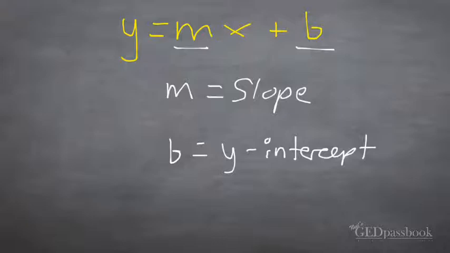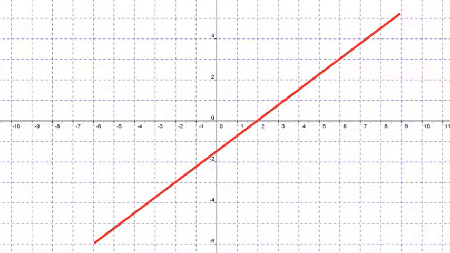What is the slope, you ask? Quite simple, really. So m equals slope. We have to find the slope and the y-intercept of any given line in order to write out its linear equation, y equals mx plus b, right?